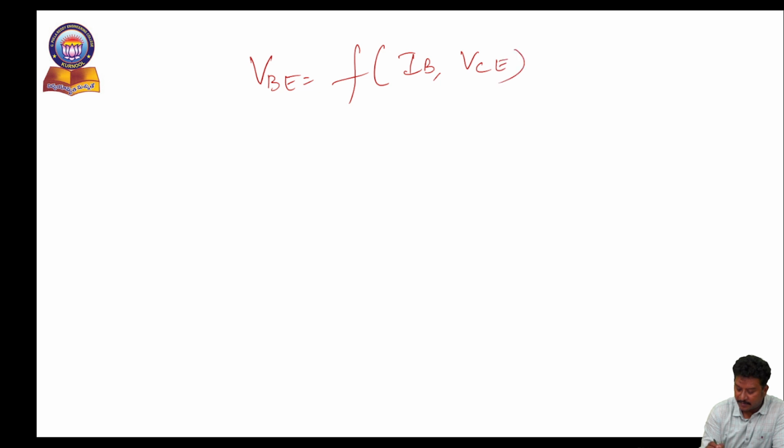This is the conclusion I want to make from the output characteristics of a transistor. So from the input characteristics, we concluded that VBE is a function of IB, VCE.